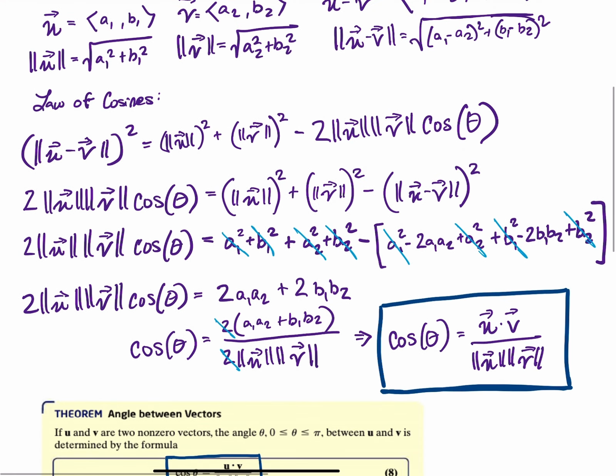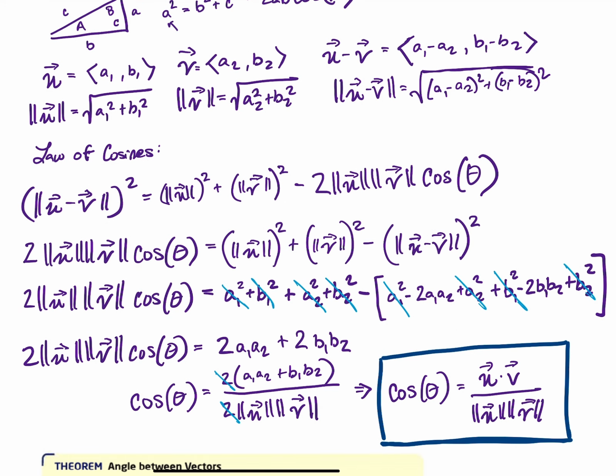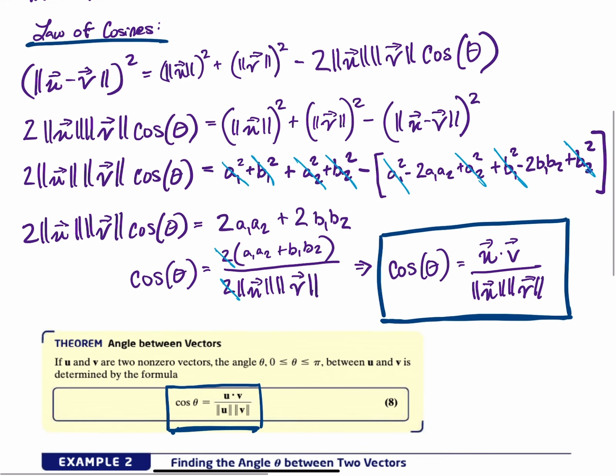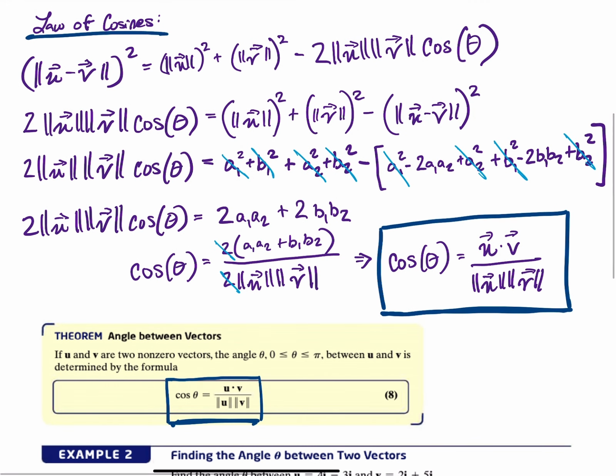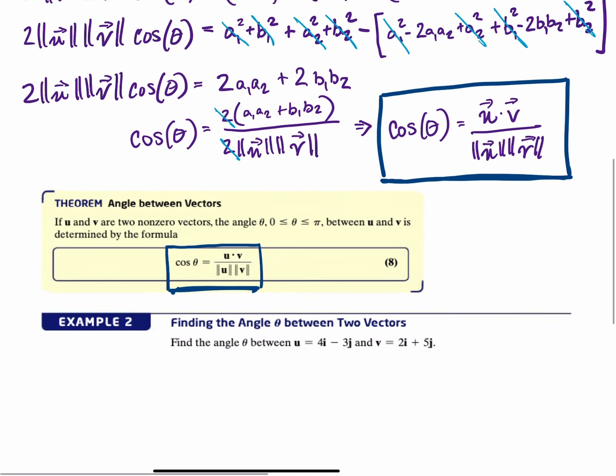I also wanted to use this as an example of the law of cosines showing up again. We saw that in a previous section, so it's cool to see it used here in the derivation of a new formula that we can use. So let's practice using this after we've kind of proved to ourselves why its structure makes sense.